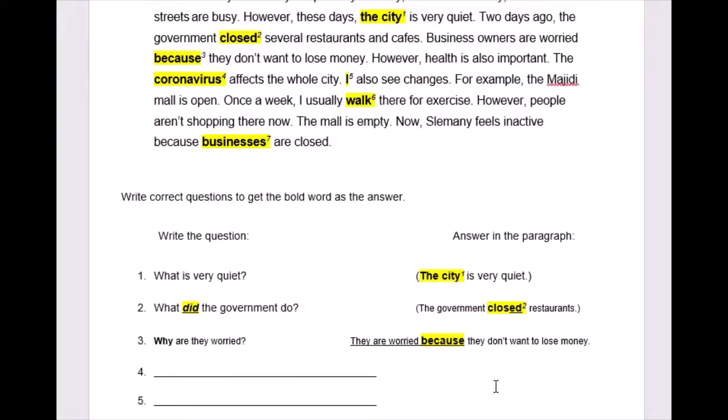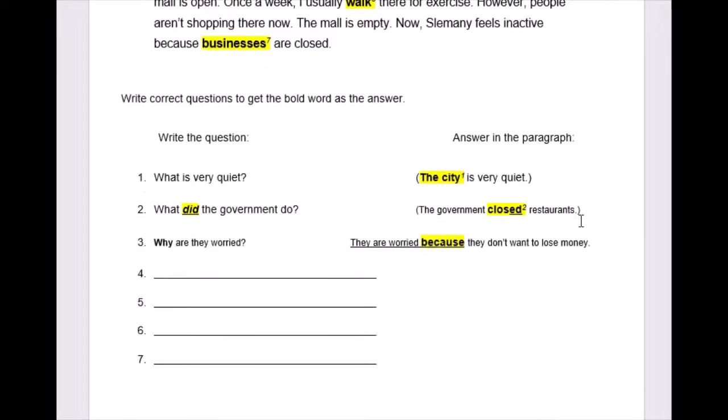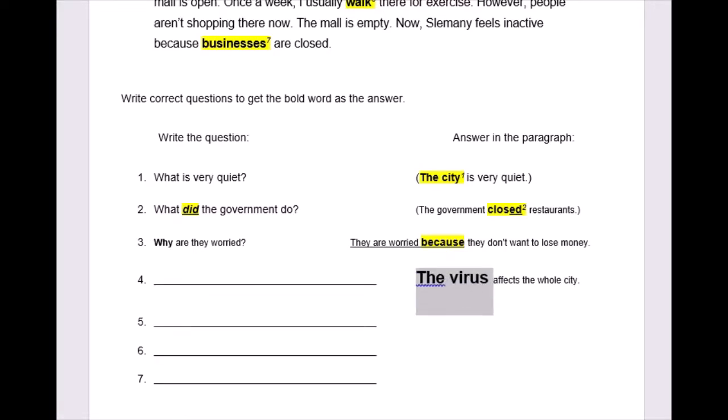Okay. So try number 4 by yourself, and then I will share the answers. Okay, number 4. The coronavirus affects the whole city. Virus affects the whole city, like all of the city. So I have the virus. All right. So I want to ask about a thing, something. And what question do I ask to get the virus as the answer?